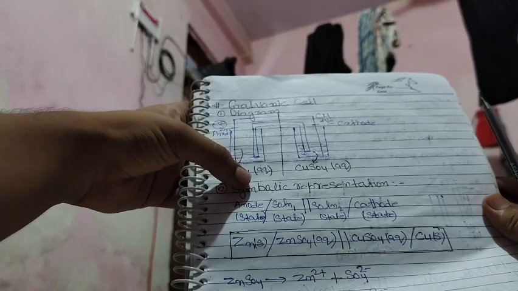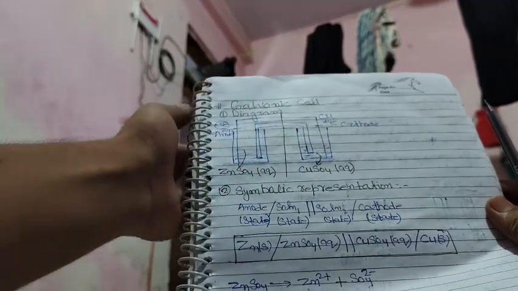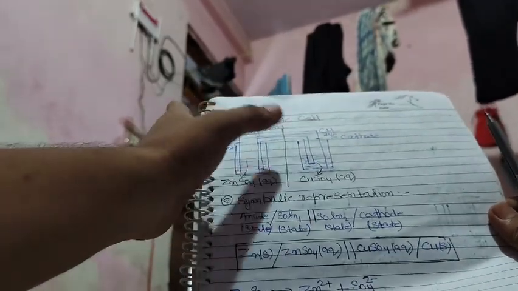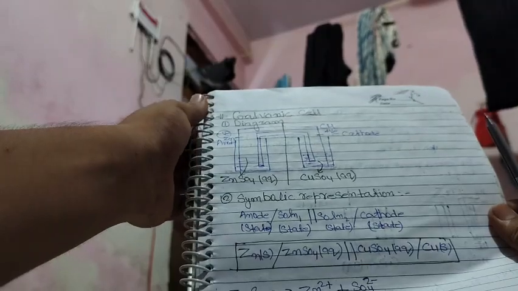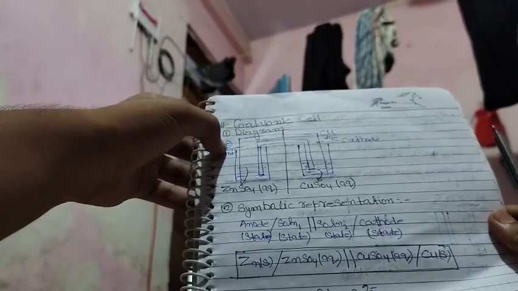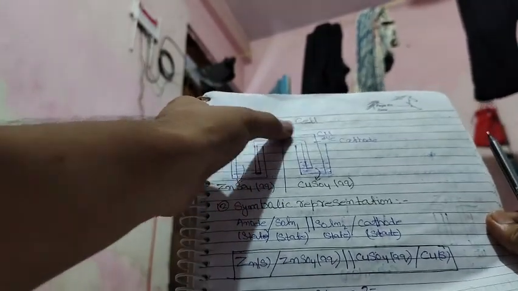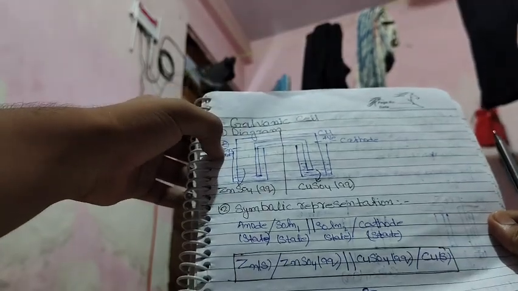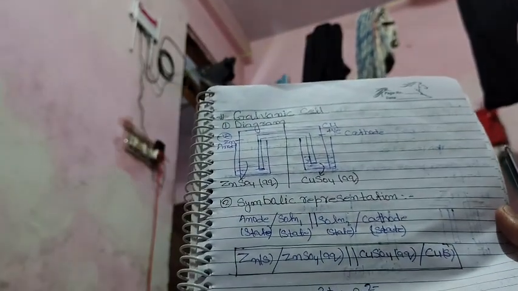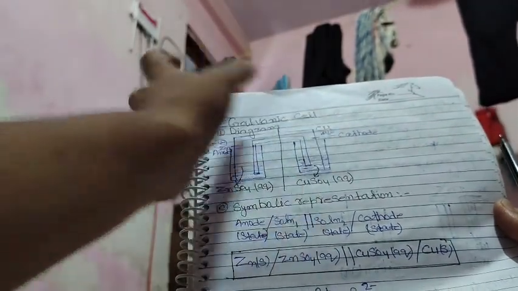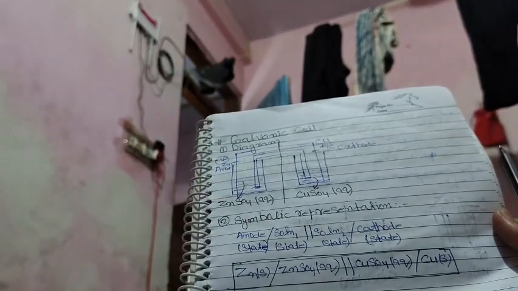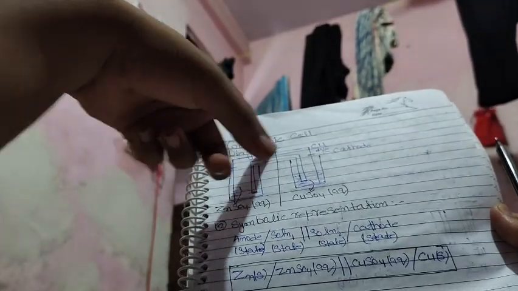There is one aqueous solution of ZnSO4 and one aqueous solution of CuSO4. The anode is negative, the cathode is positive, and a salt bridge is required.